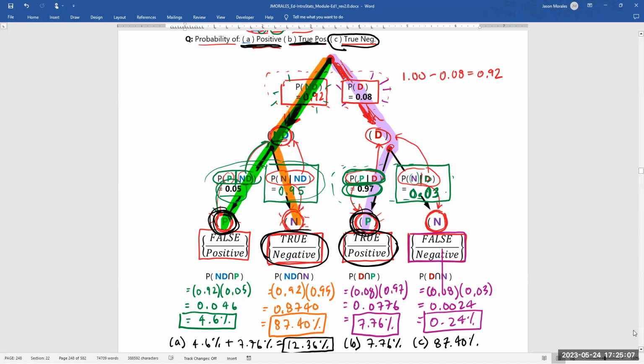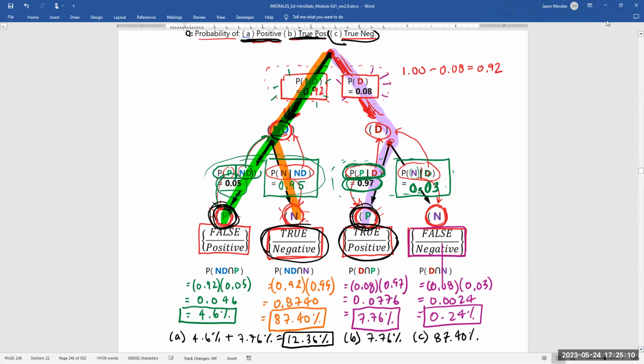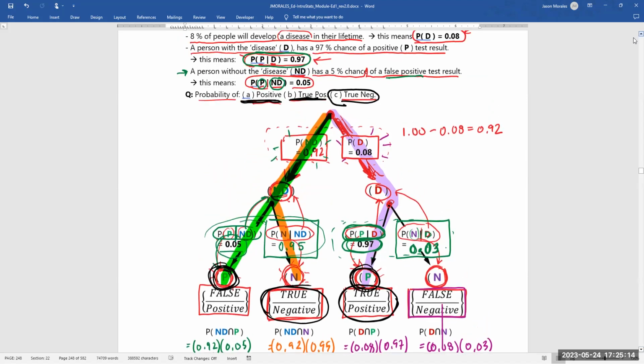So take a look at this. This says something interesting about disease tests. So even though a person with the disease has a 97% chance of a positive test result, you would think, well, if I got a positive test result, that means 97% I've got the disease because of this information here. And this is common with a lot of disease tests.